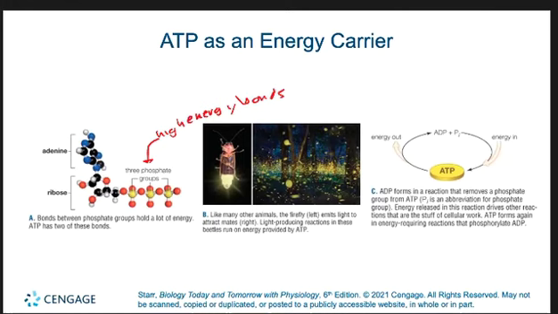So when we crack these bonds, the energy comes out and we use it to do work. Now, why are these high energy bonds? Because there's negative charges on each of these phosphate groups, and to hold negative charges together takes a lot of power, which means there's a lot of juice in those bonds, right? So what happens when we hydrolyze ATP is that energy comes out, and then we use that energy to do other work. All right. So that goes off to do other work, right?